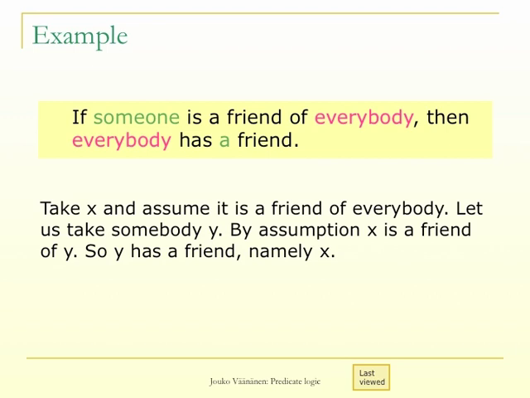Take this someone x and assume it is indeed a friend of everybody. So why is it that everybody has a friend? Let's take somebody y and look for a friend for y. By assumption x is a friend of y, so y has a friend, namely x. This is the way the inference should go.